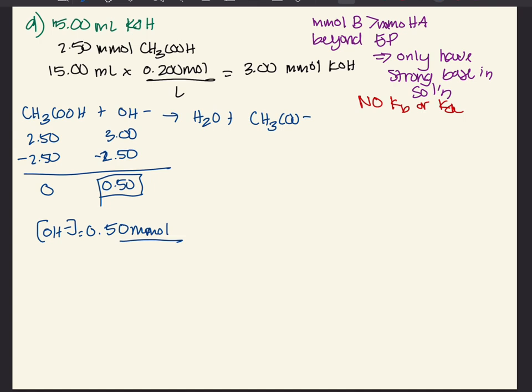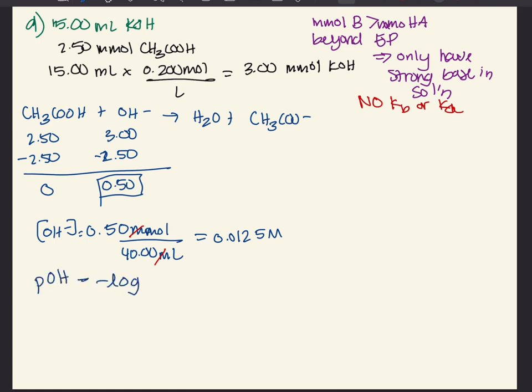I have 15 milliliters of my KOH plus 25 milliliters of the acetic acid, which will give me 40 milliliters. Now again, my millis cancel, and I'm going to be left with units of moles per liter, which is a unit of concentration, molarity. So the concentration of my hydroxide is 0.0125 molar.